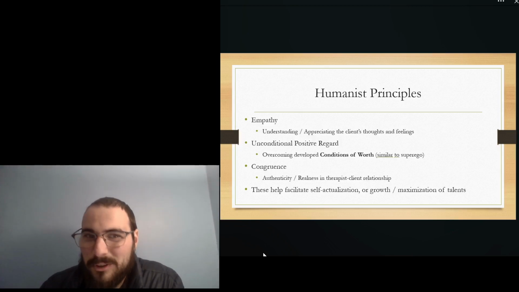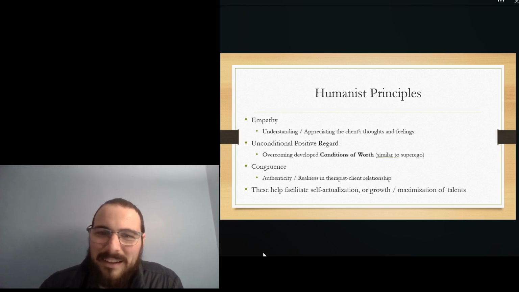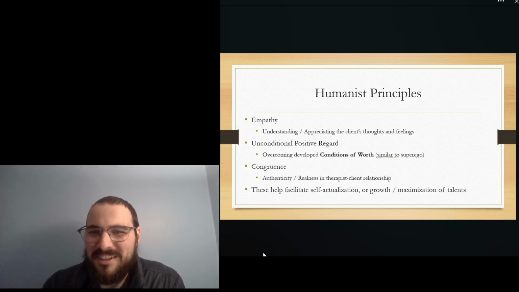And it's somewhat similar to Freud's idea of the superego, if you're familiar with that, of those social constructs that guide what we do in a way. Rogers emphasizes the ways in which those become conditions that decide whether we're a worthy or good person or not.